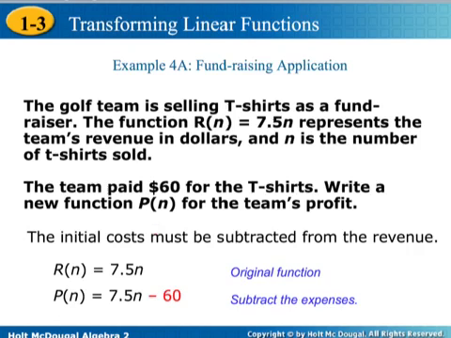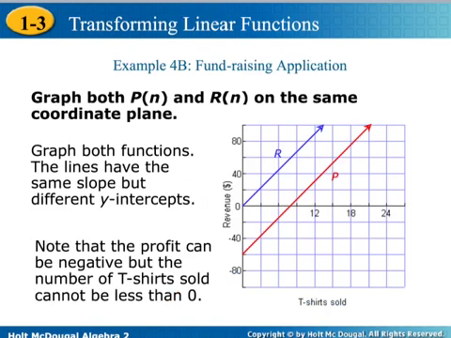Well, if this is revenue, your initial cost will become a starter cost no matter how many t-shirts you've sold. So if n is 0, then you've got negative 60 in the bank. And so 7.5n minus 60. This would be called a vertical translation down 60 units, or $60. Alright, so we have r if there's no cost, and p if there is a cost.